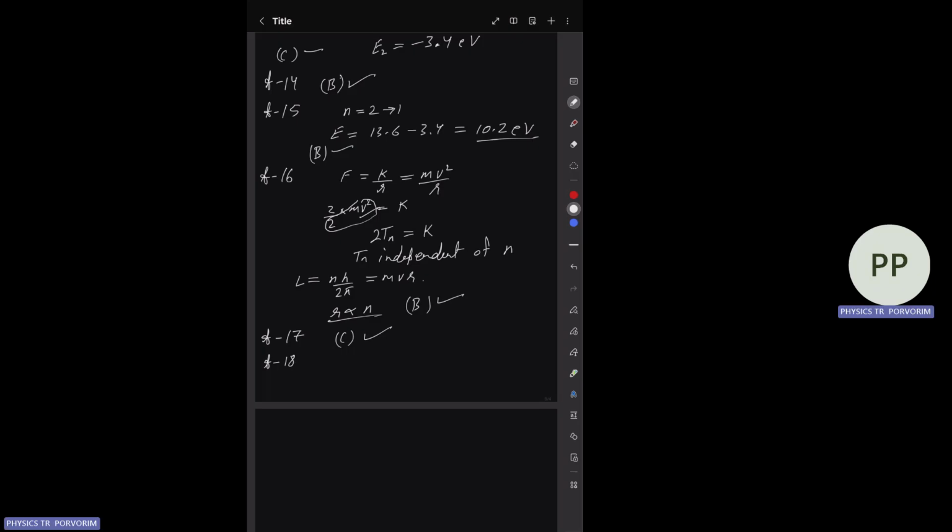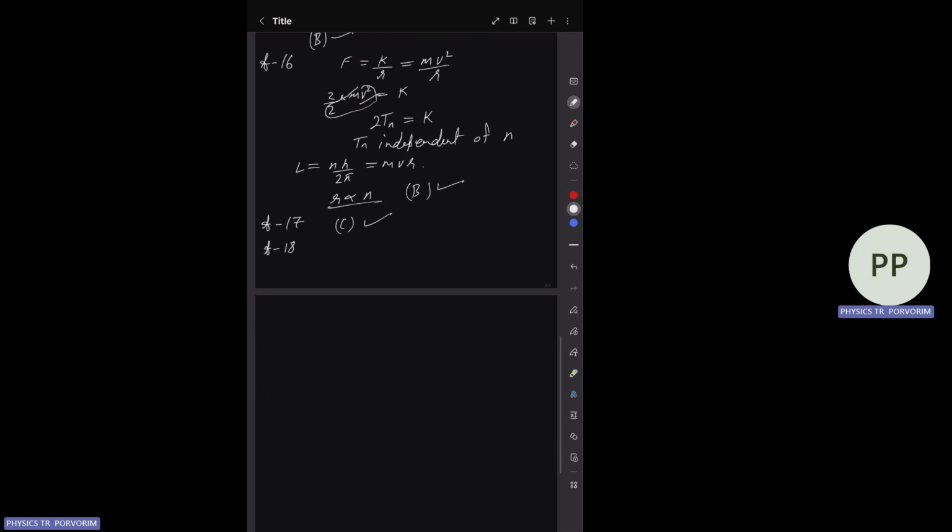Now the 18th question. It says that some energy levels of a molecule are shown in the figure. We have to find the wavelength ratio lambda 1 by lambda 2.